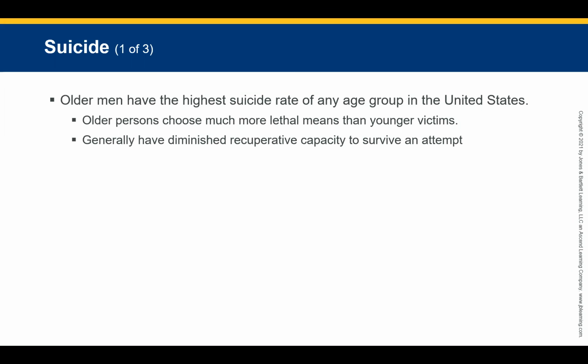Older persons who attempt suicide choose much more lethal methods than younger victims and generally have diminished reserve capacity to survive an attempt. So if there is a chance they're able to survive because of a more lethal method, their body is just not capable of fighting and moving forward and surviving that.